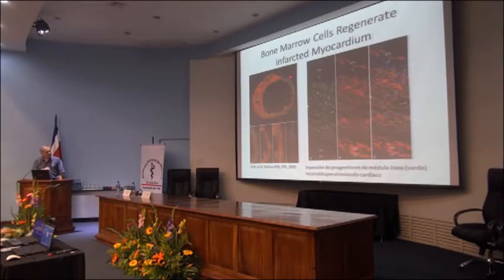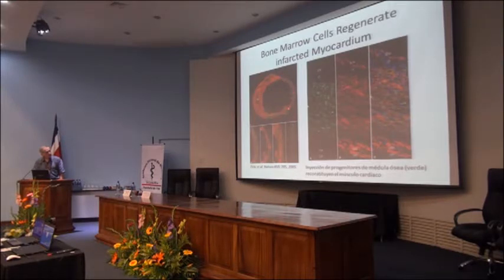And this is a paper in Nature, a very prestigious journal, I would say, of a mouse model where they injected GFP-modified hematopoietic stem cells in a mouse that had an artificially induced myocardial infarction. So they ligated the coronary artery. The mouse had a thinned myocardial wall, like it should happen if you have a myocardial infarction.